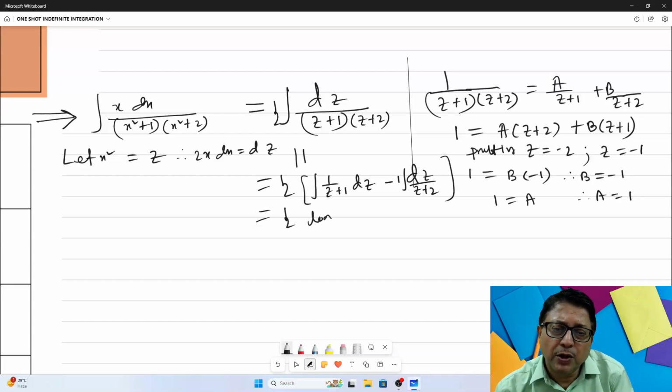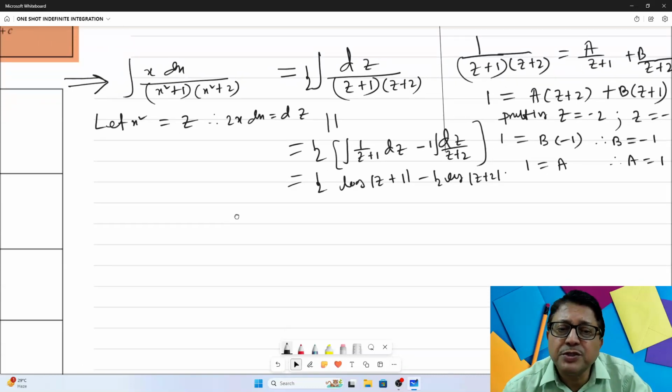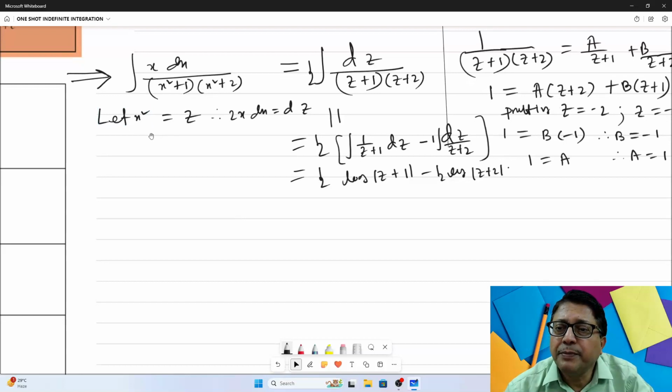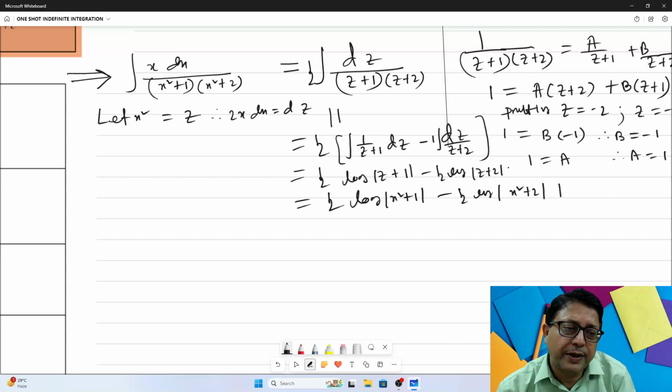So half log of mod of z plus 1 minus half log of mod of z plus 2. Many students don't change this in terms of the original variable given over there. They keep their answer this way. There is a chance of losing marks here. It will be half log of x square plus 1 minus half log of x square plus 2 plus c. Alright.